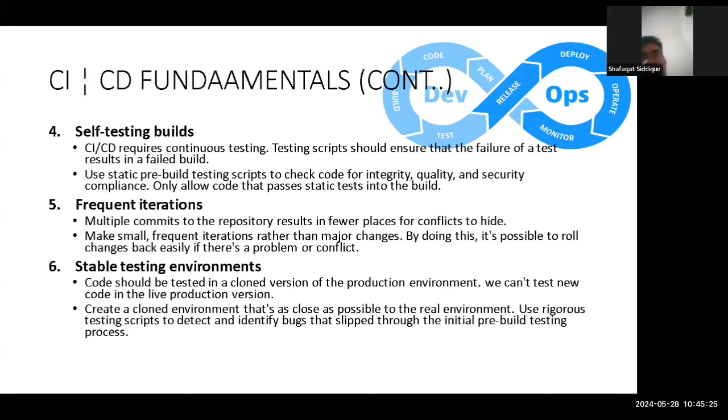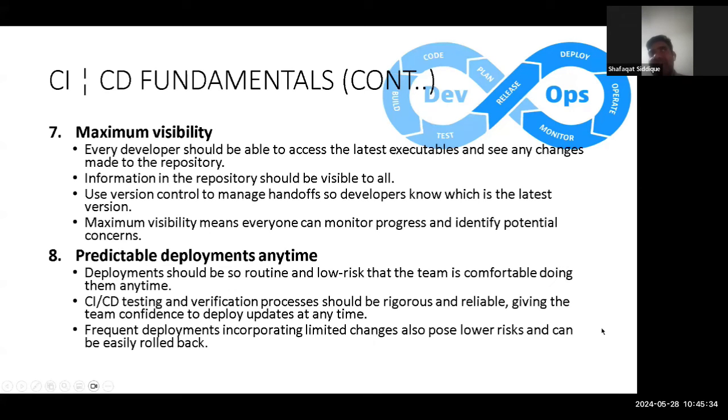And then the seventh part of the fundamentals is maximum visibility. Every developer should have access to the executions of the changes made, and maximum visibility means that everyone should monitor the process.